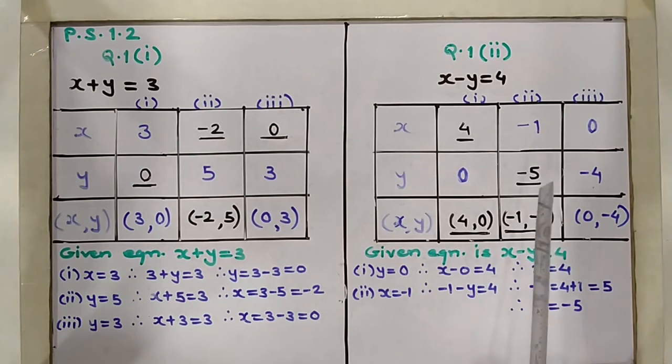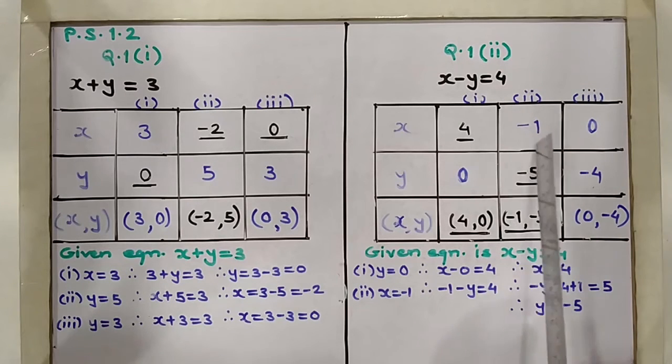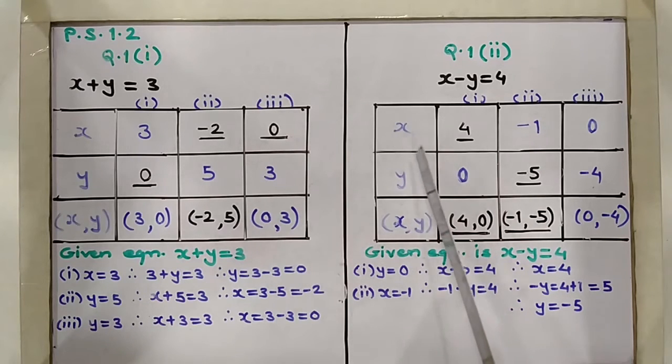In the second case, we have been given the value of x, which is minus 1, and we are supposed to find the corresponding value of y. Equation is x minus y is equal to 4 and x is equal to minus 1. Therefore, minus 1 minus y is equal to 4, and this minus 1 will go on the right hand side and it will become plus 1.